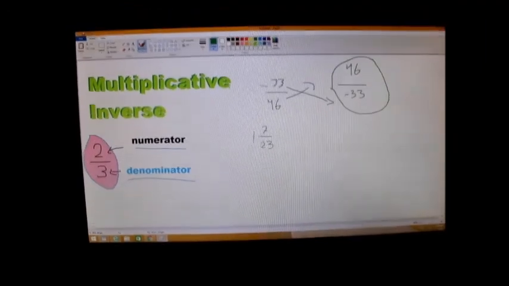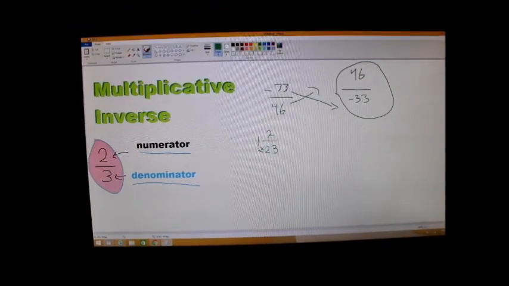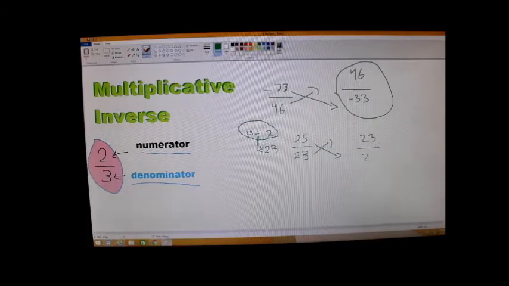So we do 23 times 1, which equals 23, and plus 2, which equals 25. And we keep the same denominator there, so it equals 25 over 23. Then we just switch the position of these two numbers. Therefore, 23 goes on the top and 25 goes on the bottom. And that's our answer.